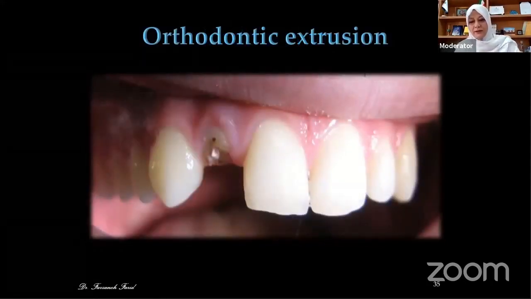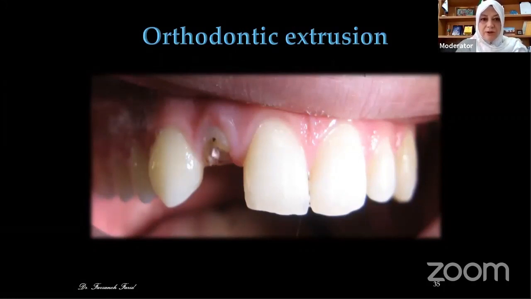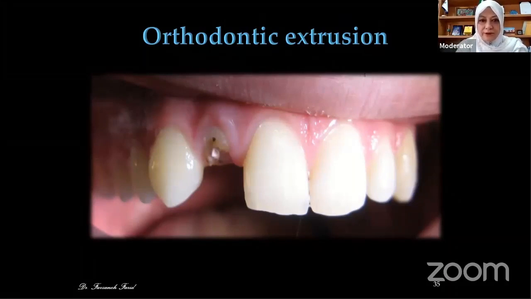So let's see what happens if we have lost a lot of tooth structure, but we want to retain the tooth. We don't want to extract it and put an implant in its place. Like in this situation, it is an anterior tooth.